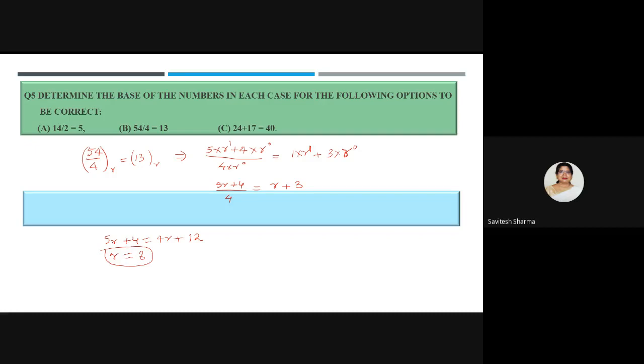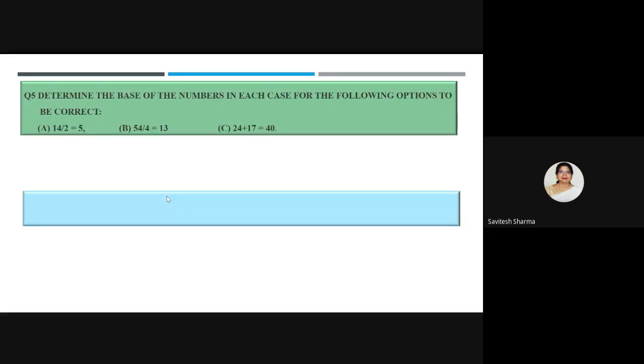Now come to the third question. Again, the approach is the same. You will use base R on both sides, and you will apply expansion. So it is algebra actually. Once you apply the expansion, you have to solve it.